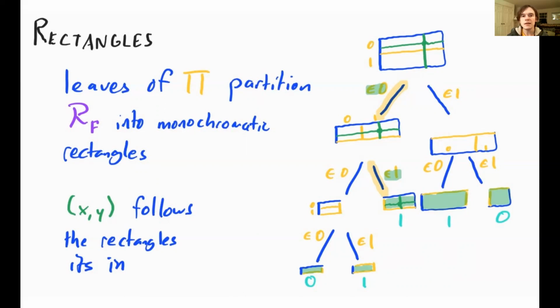And once you get to the leaves, well, it had better be the case that they know the value of the function, which means it had better be the case that whatever rectangle is left over has all the same entry everywhere. And we call this a monochromatic rectangle. So this is another view of communication protocols, which is particularly useful. All right, so keep that in mind. We'll come back to it in a second.